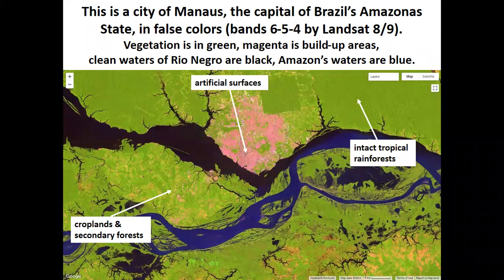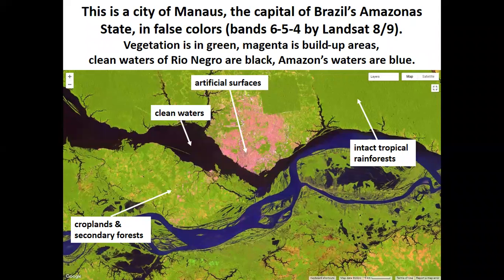But also you could see the water in that image, and you could even see 2 different kinds of water. In this particular area, this is exactly the location where the river Rio Negro meets the river Amazon. And you could see that the waters of these 2 rivers have different colors.